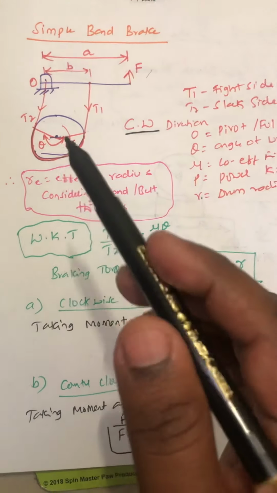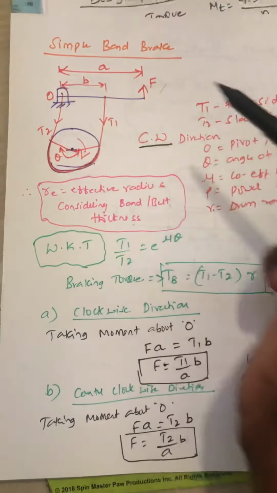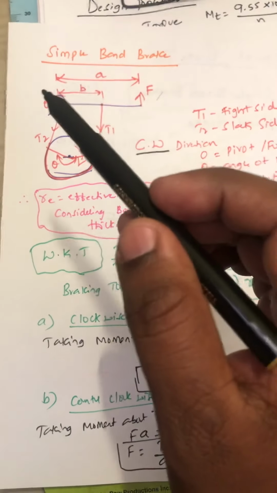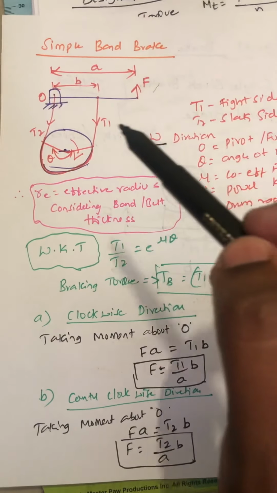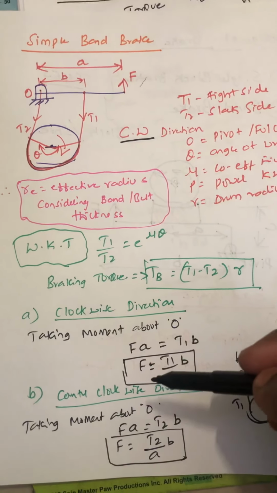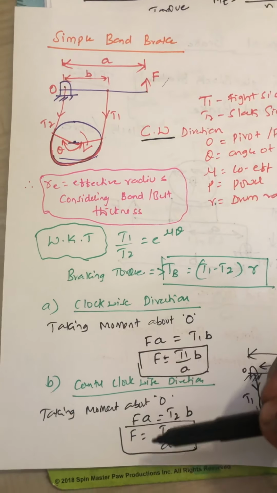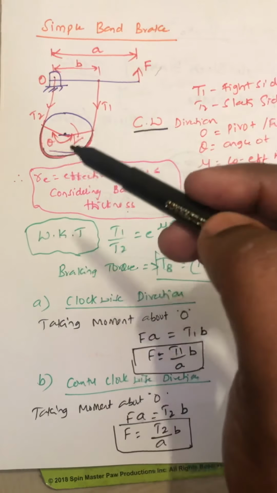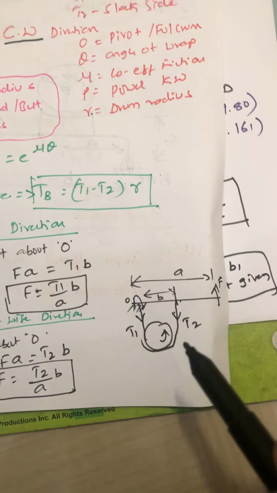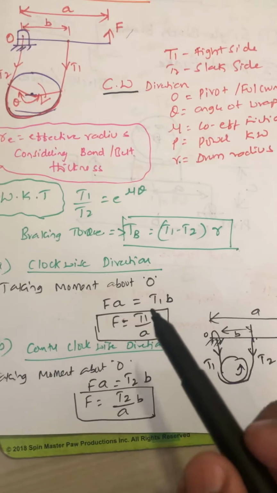If the drum is rotating in the clockwise direction, and you take this point O as the fulcrum point, force into distance, F into A, is equal to T1 into distance B. That's what I have written here: F is equal to T1 by A into B. If the drum is rotating in the counterclockwise direction, then F into A is equal to T2 into B. So this becomes the formula for force.